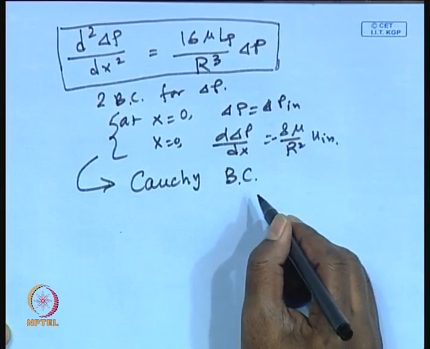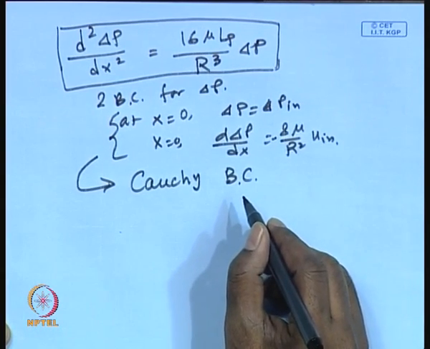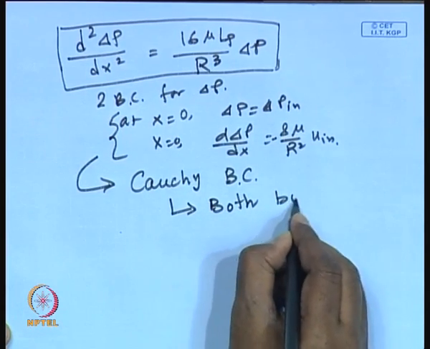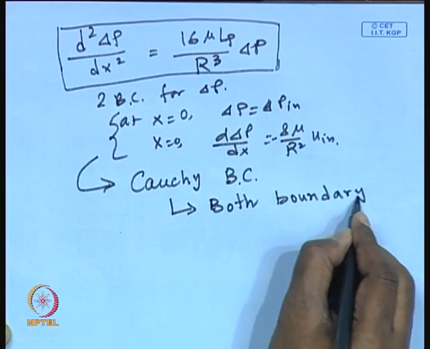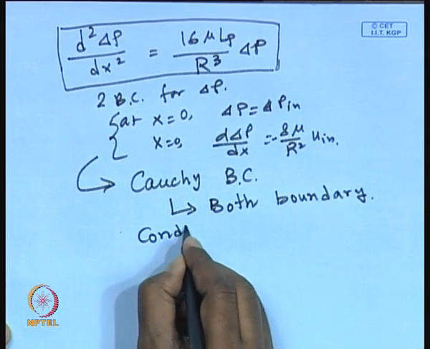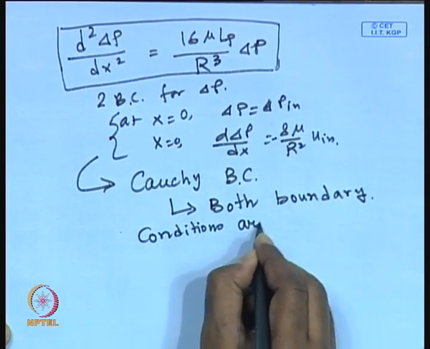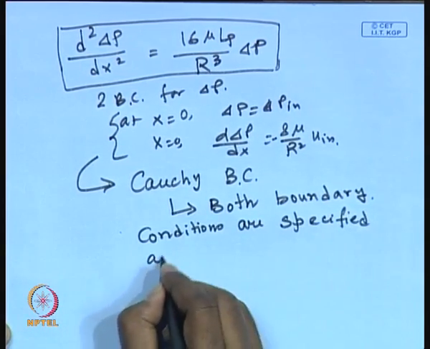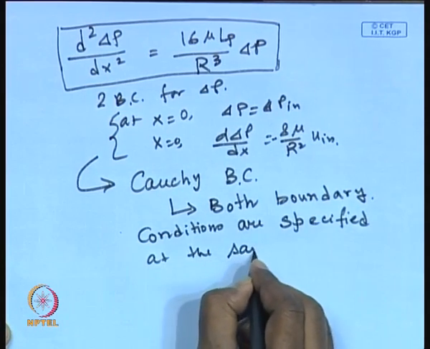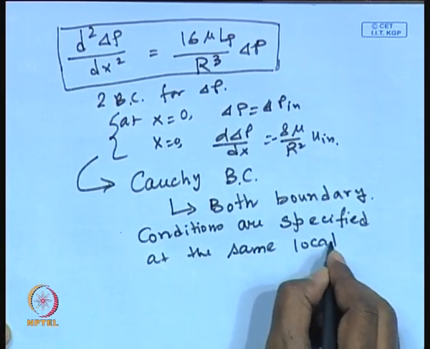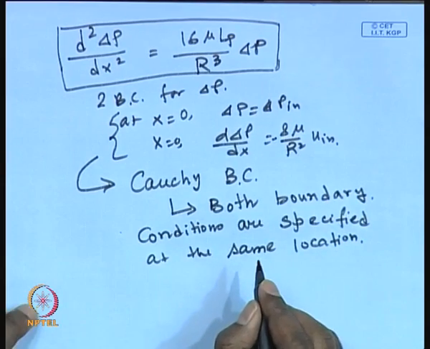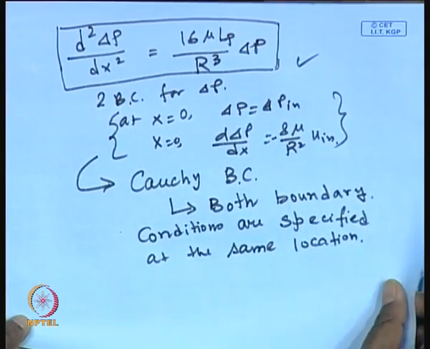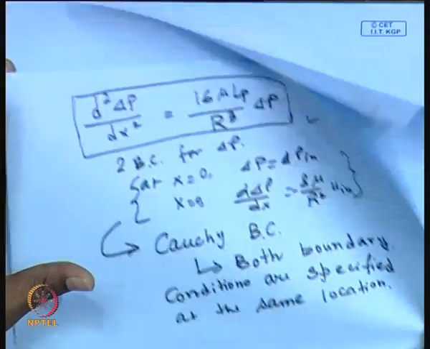Cauchy boundary conditions are basically both boundary conditions specified at the same location. Now, if you really solve this set of equations with these boundary conditions, I am just going to write down the final expression.